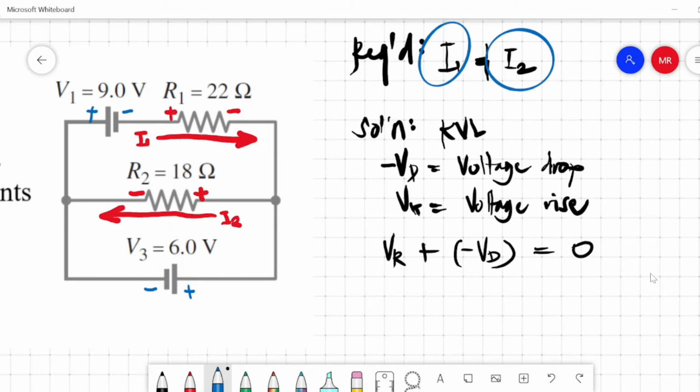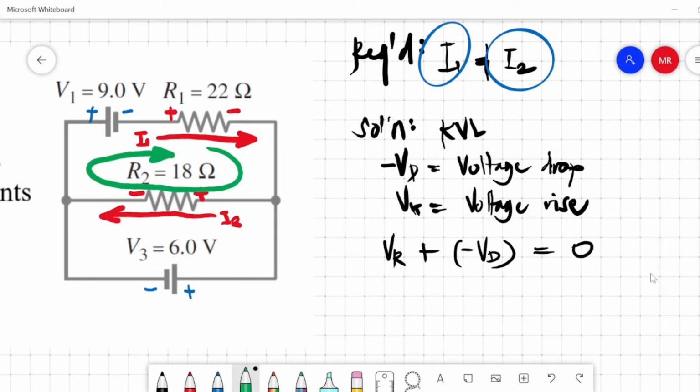So let us apply KVL on this circuit. For us to have two equations, let us consider these two loops. For example, let's say this is loop number 1, the upper part of the circuit, going in this direction.